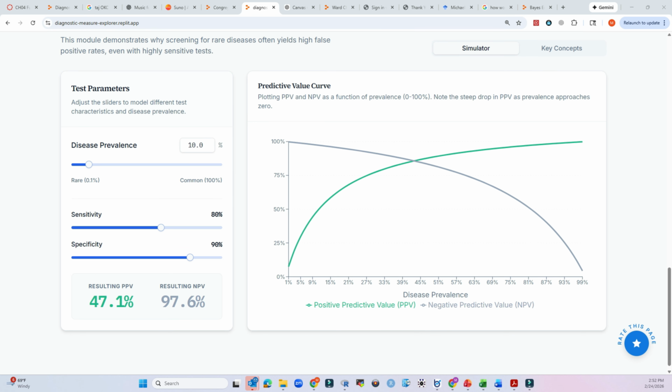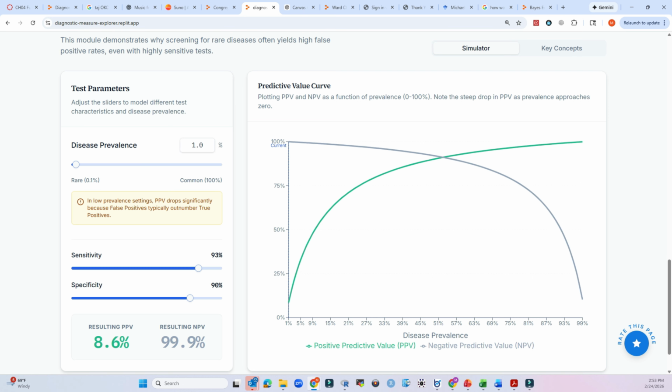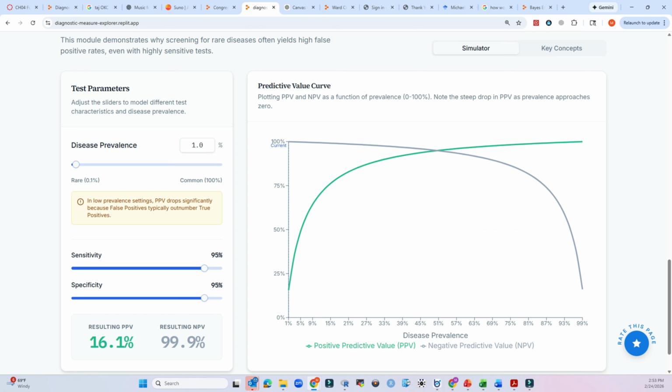To illustrate this, you can toggle this disease prevalence button, and let's indicate that a disease affects 1% of the population, and we have a very sensitive and a very specific test at 95% each.